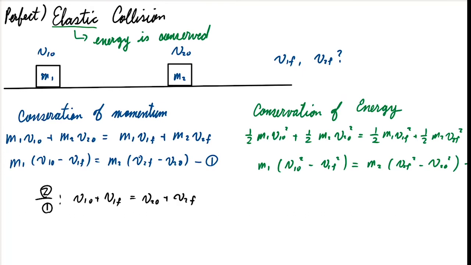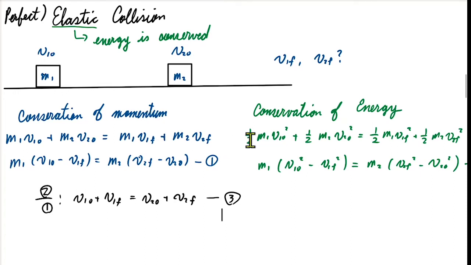Good? I'm going to call this equation 3. And our task now becomes a system of equations between this and the original momentum equation, which is infinitely easier to solve because this is linear now.